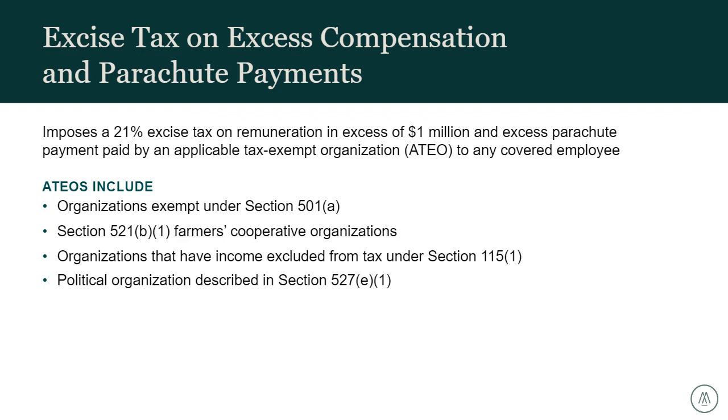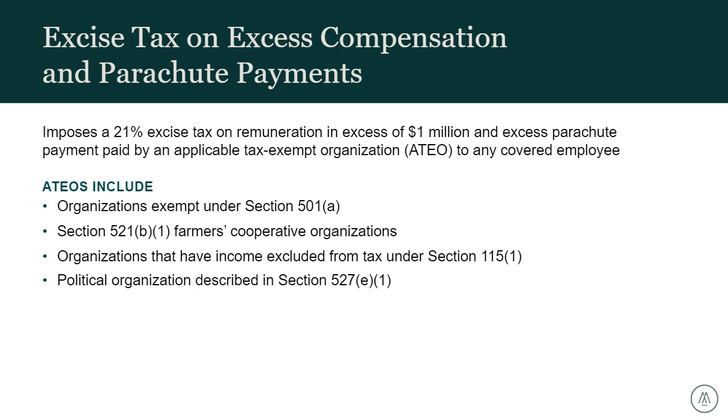Just trying to go quickly through some of these so we have time for everything. Like I mentioned, there's a 21% excise tax on remuneration in excess of $1 million. I don't generally see compensation of $1 million being given to employees or foundation managers of foundations. What's important to think of with private foundations here is that all related organizations must be aggregated.